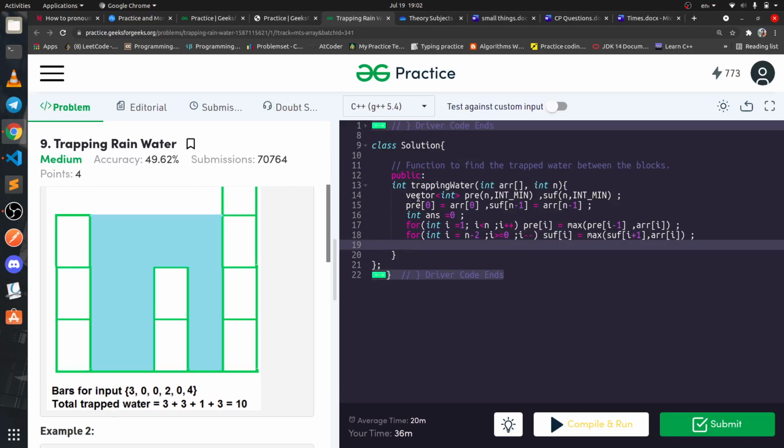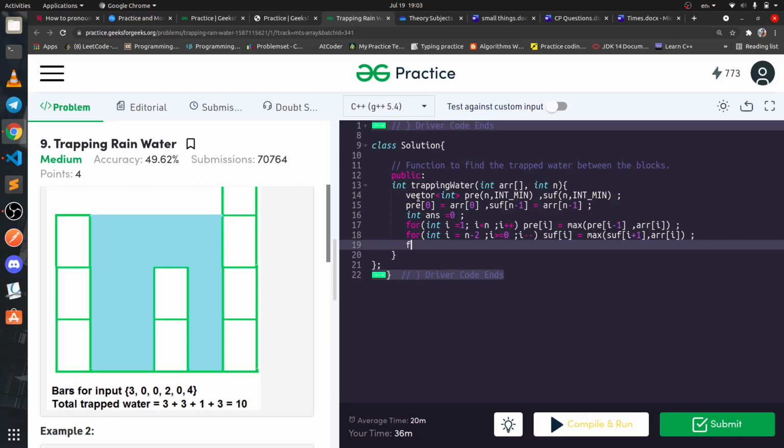And for the answer we will start from i equal to 1 and go to i equal to n minus 2, because the first and last blocks cannot hold any water.